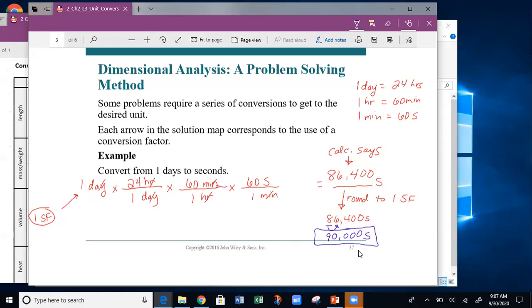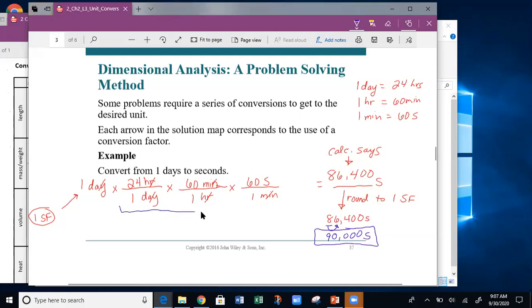Some people have a serious problem with this. It seems like it would be inaccurate. But since this is a multiplication and division problem, we have to follow the rules, and the final answer must be expressed in the same number of significant figures as the measurement with the fewest sig figs.